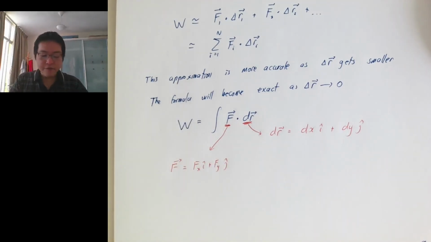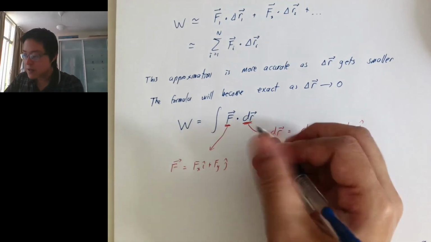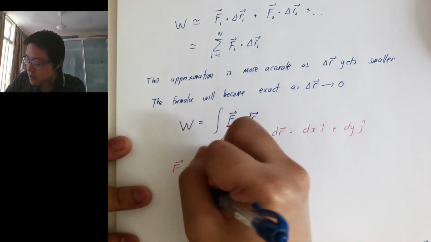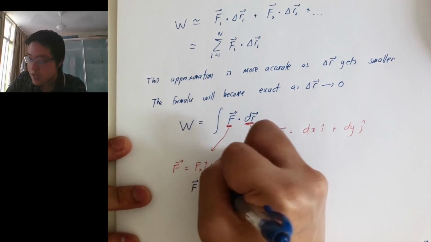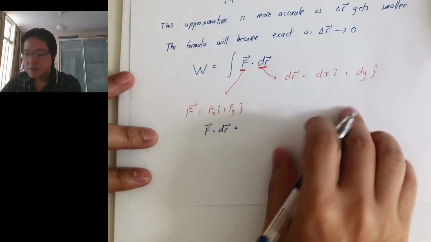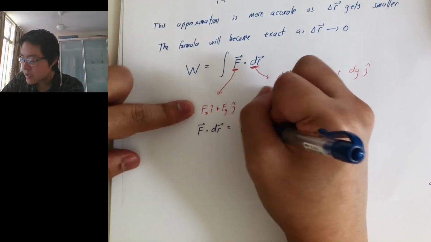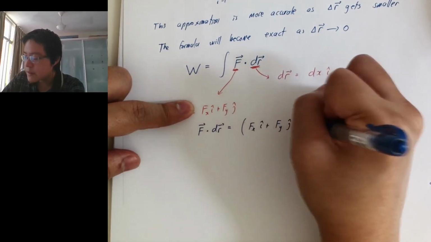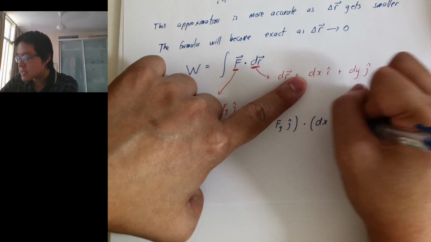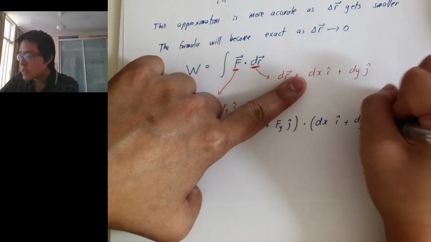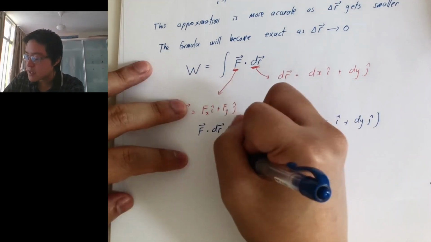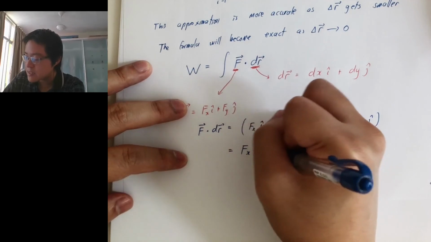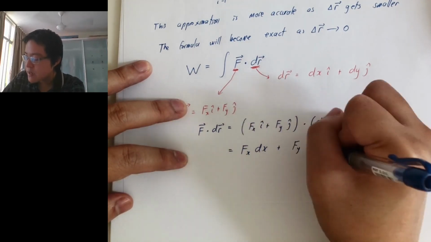I need to calculate F dot dr. F has an x component and a y component, and dr means I have a small x displacement and a small y displacement. If I dot the two together, I just get Fx dx plus Fy dy.